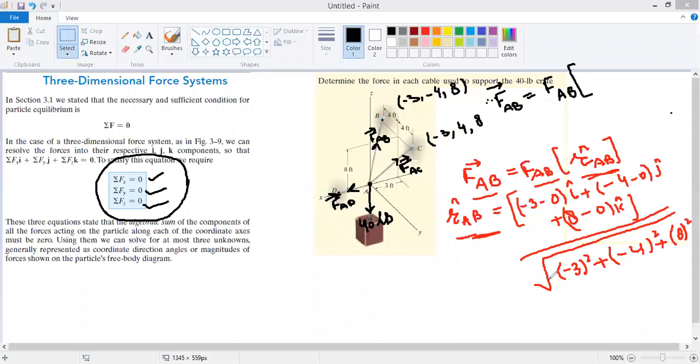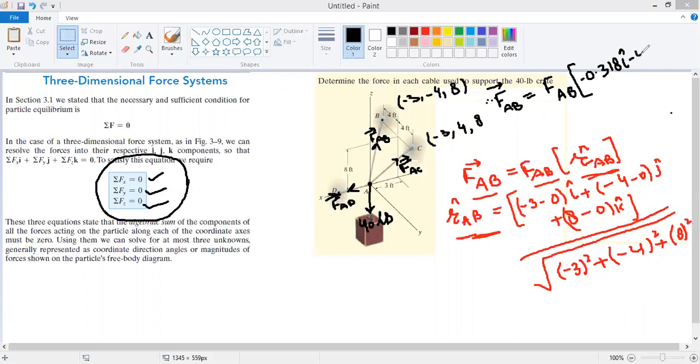So that will be minus 0.318 i cap. If you perform 3 divided by this much, that comes out equal to minus 0.318.